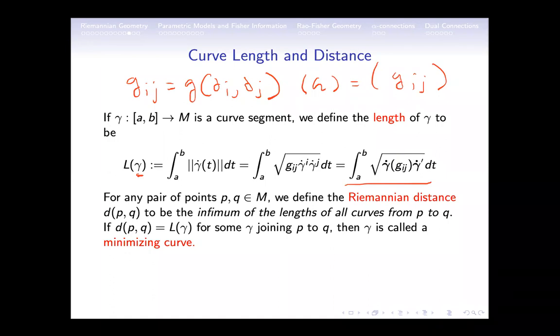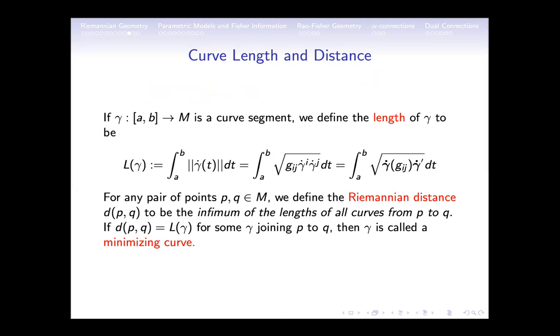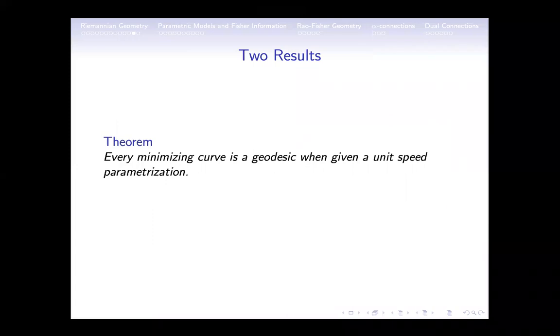There may not always exist a length minimizing curve, but the distance is always defined if it's path connected and so on. Again, we will not go into all that. Now there are two very important results connecting geodesics with length minimizing curves and Riemannian distance. The first says that every minimizing curve on a Riemannian manifold is a geodesic with unit speed parameterization.